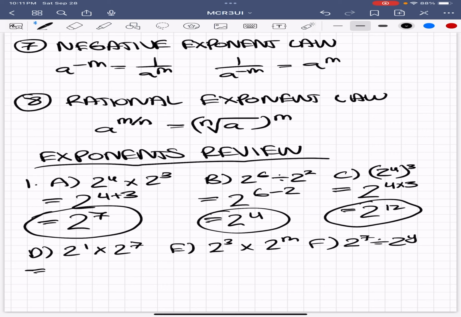We use exponent law number 1, called product of powers. We have the same base, so we add the exponents together.